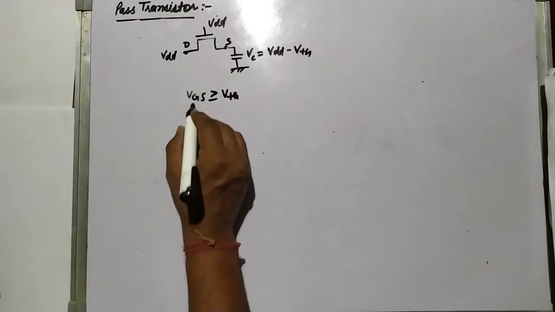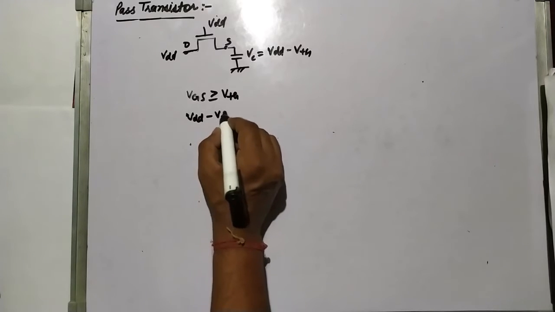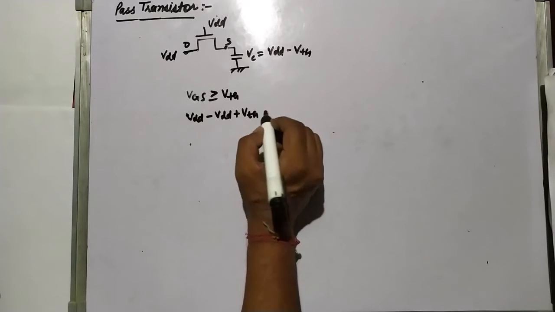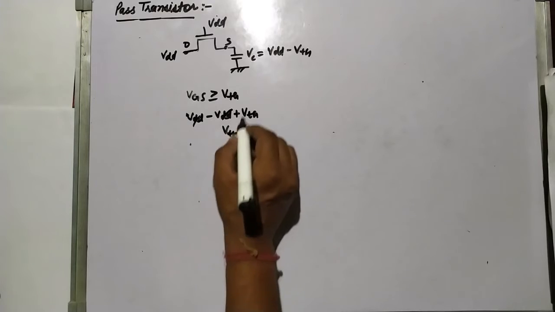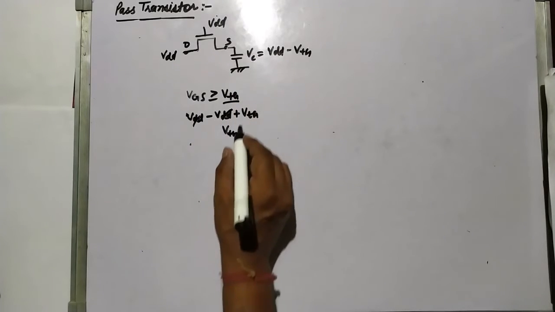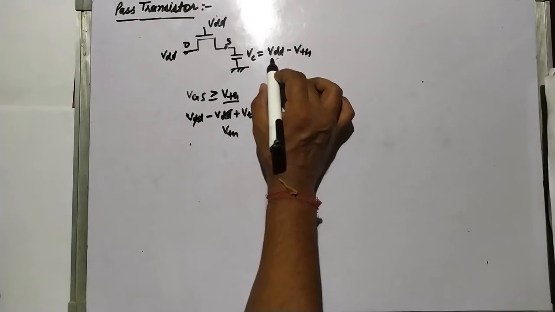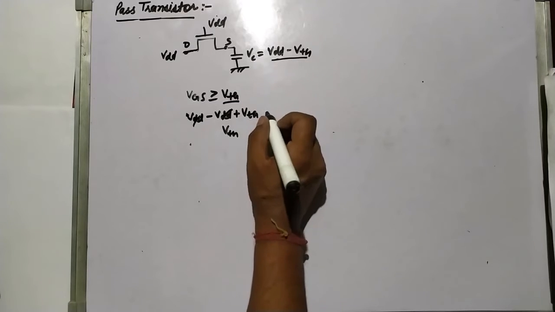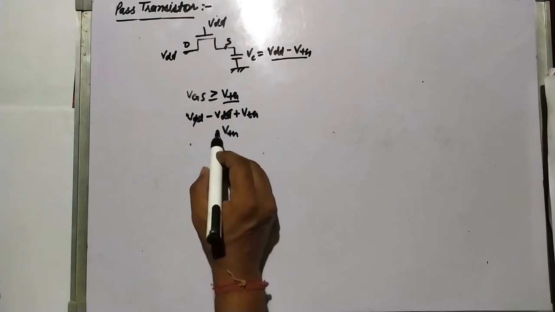So VGS will be equal to VDD minus (VDD minus VTH). So this is equal to VTH, so the transistor will be on up to this. If I am increasing this VC more, then this will reduce.